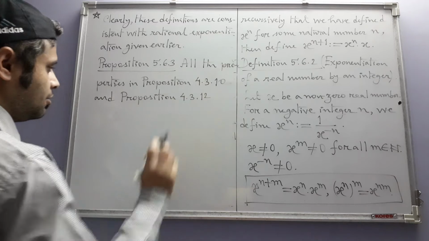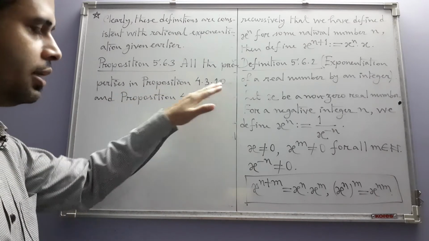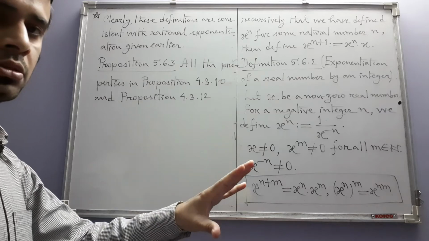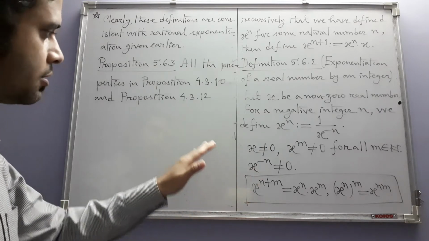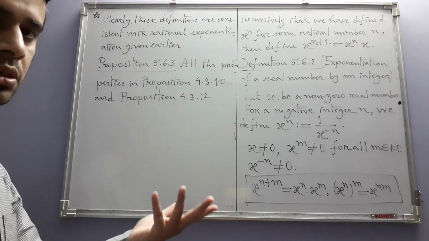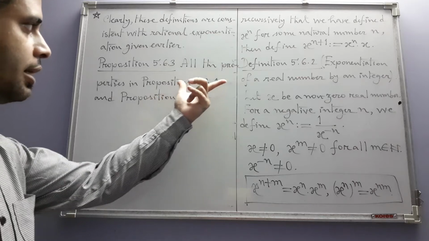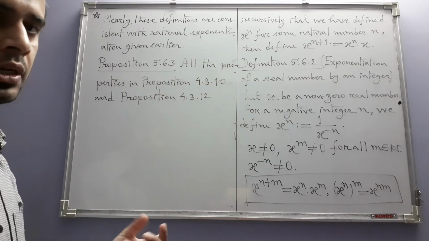I think if I am remembering correctly, in proposition 4.3.10 we allowed the exponents to only be natural numbers, but in proposition 4.3.12 we allowed the exponents to be integers. So essentially this one contains this one, okay, inside of it.